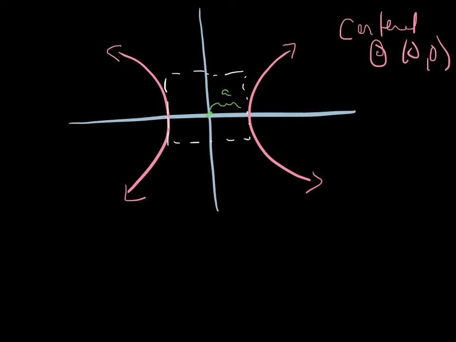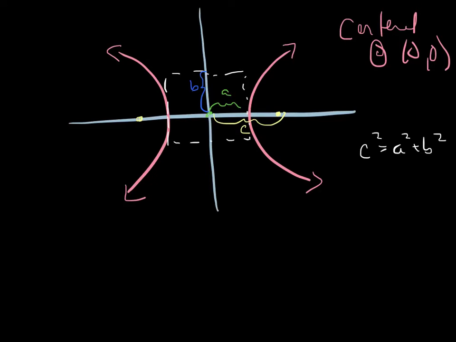It is B units from the center to the top, and then it is C units from the focus to the center. And for these, we always know that C squared is equal to A squared plus B squared.